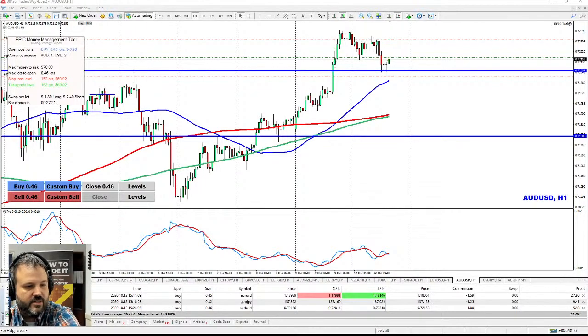Okay, so I got a question here about backtesting and using simulators. So demo trading is what I would call a simulator, which is when you're using practice money.